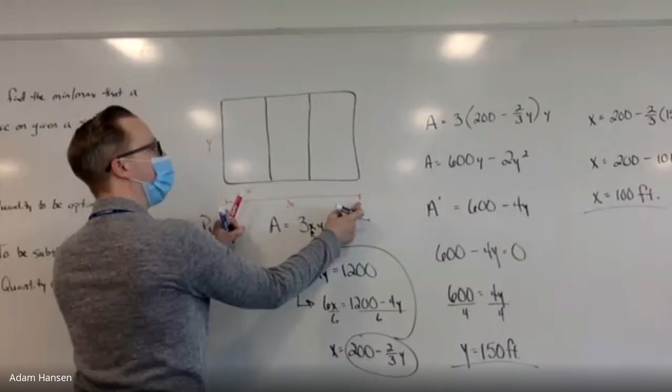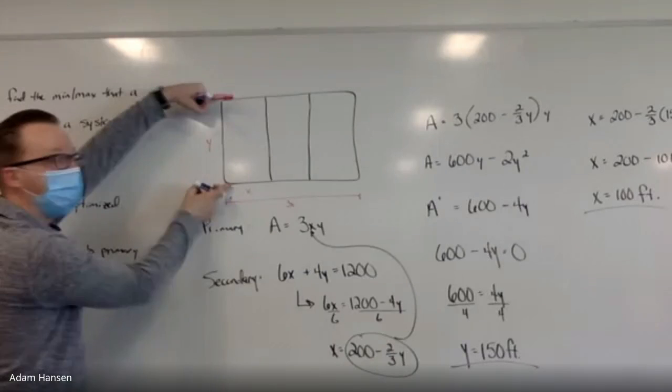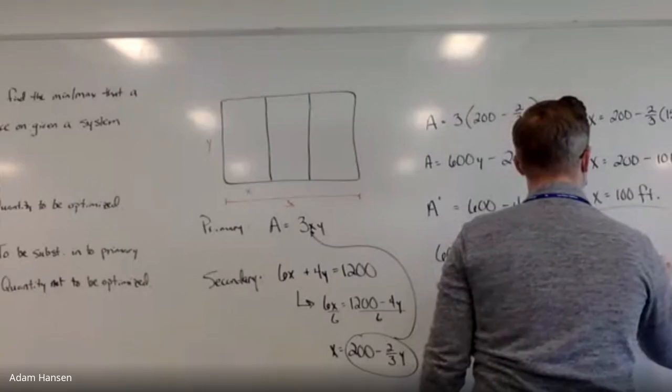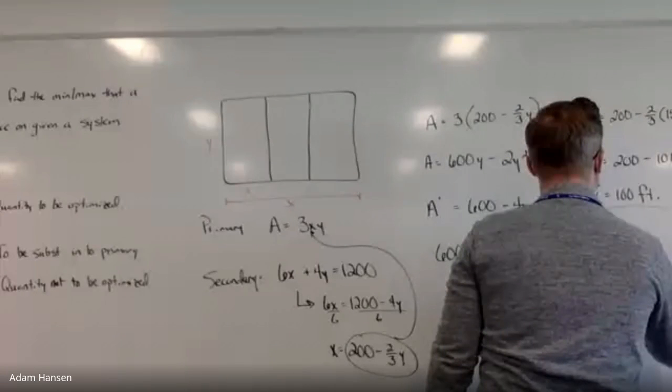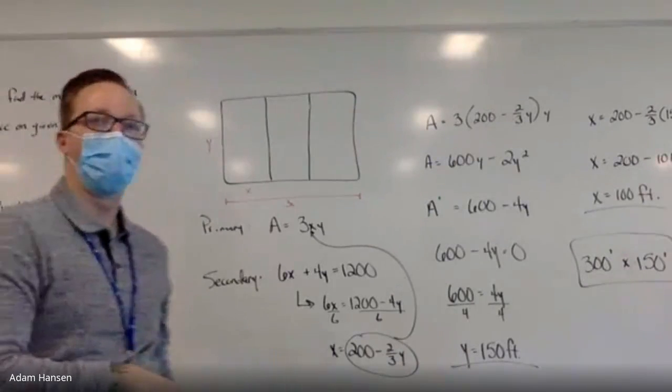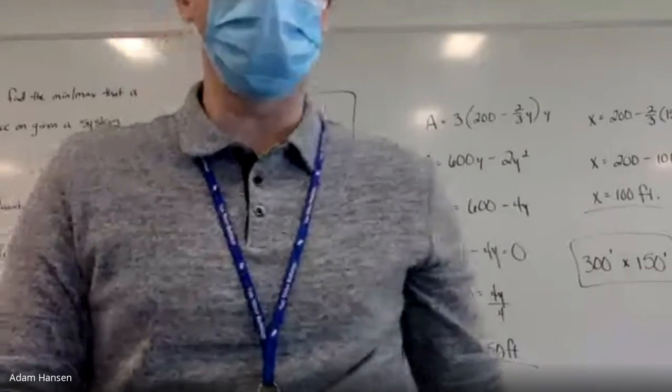Total length would be how long? 300 by 150. 100 feet by 150. That would produce the pen that encloses the largest amount of area.